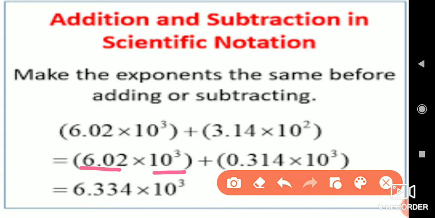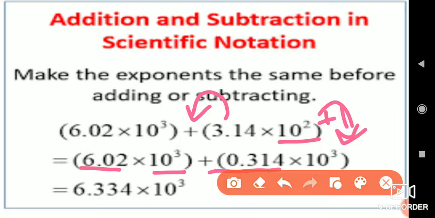Here it is 10 to the power 3, here it is 10 to the power 2. So one has to be converted, and you know very well how to convert it. As soon as we shift the decimal here, the power gets added, and 2 plus 1 becomes 3. Now the exponents are the same, and we can simply add the numbers, that is 6.02 and 0.314, and the number becomes 6.334 into 10 to the power 3.